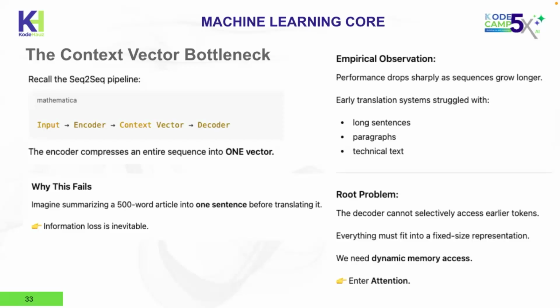So the main problem with this approach to sequence models was that the decoder could not selectively choose earlier tokens. It could not decide which tokens matter, right? First of all, because the earlier tokens that come from the encoder are all compressed into the context.